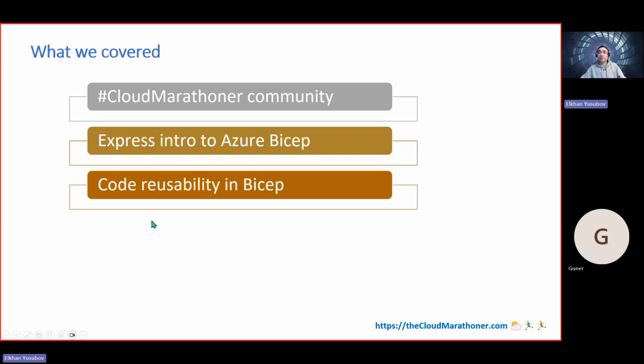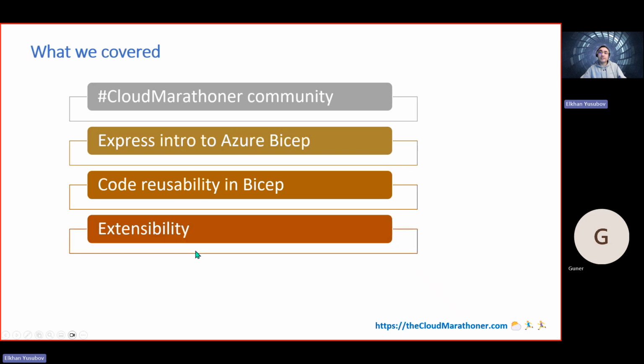Next, we looked into some code reusability in Bicep. We looked into how resources are defined, how you can package them into modules, and how you can use those modules across your Bicep infrastructure as code declaration to reduce the complexity and have much more easily maintainable infrastructure code. Then we looked into extensibility.